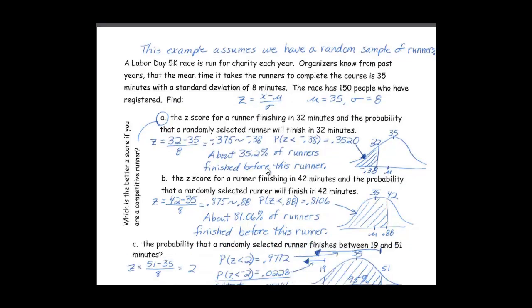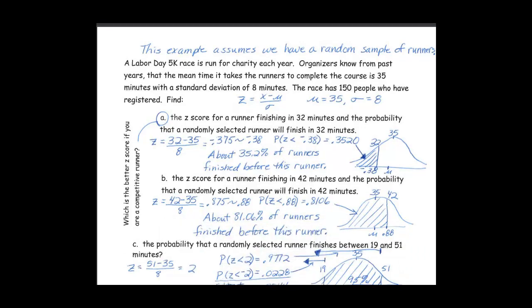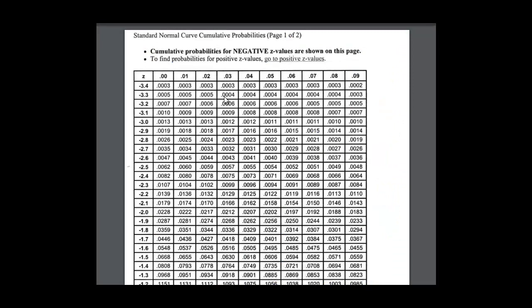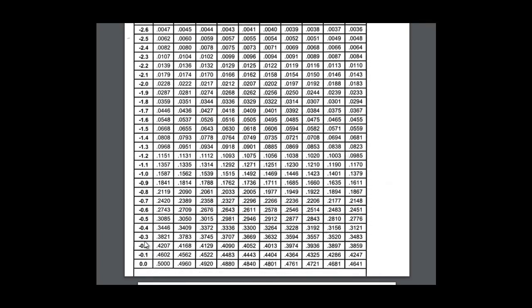I'm going to go ahead and show you the z table. Here's our z table. This was a negative 0.38 is what we rounded it to, so I'm on the negative side here. I go down here to negative 0.3, the tenths place.